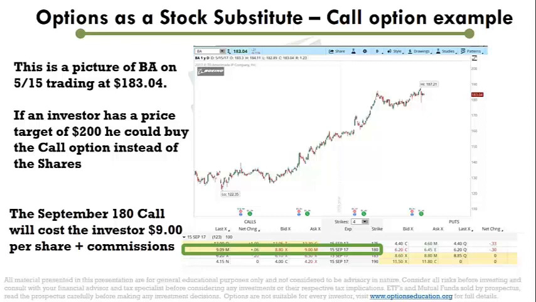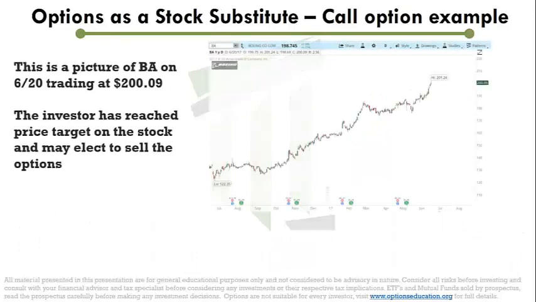This gives the investor the right, but not the obligation, between May 15th and September to purchase the stock at $180 no matter how high the stock goes. Over the course of the next few months, Boeing reaches the price target.